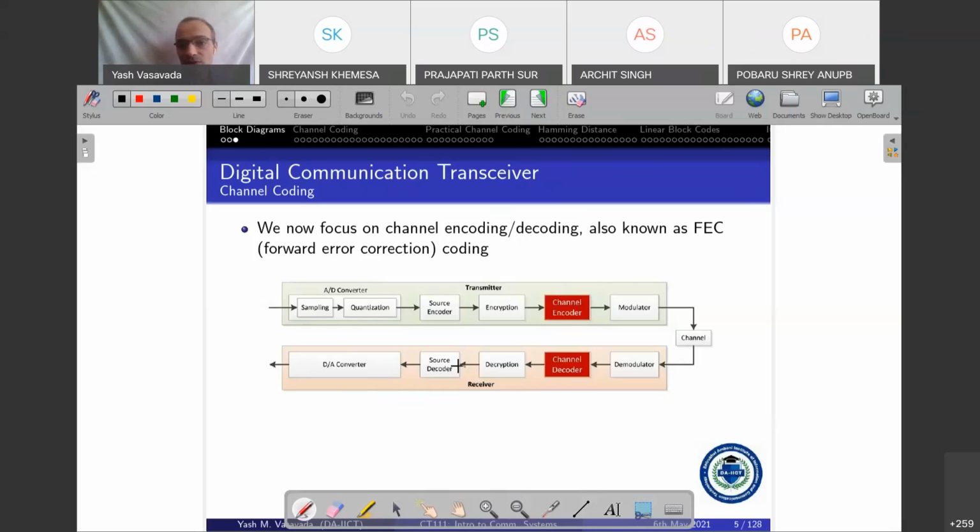Channel coding is also something where we have many experts. Professor Manish Gupta actually teaches a course on channel coding. Professor Gagan Garg is also very knowledgeable about channel coding. Who else? I can't recall the names, but I think there are several other professors who are also working on channel coding, meaning that this is their bread and butter.